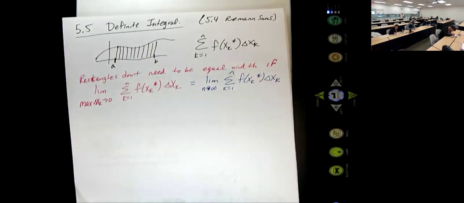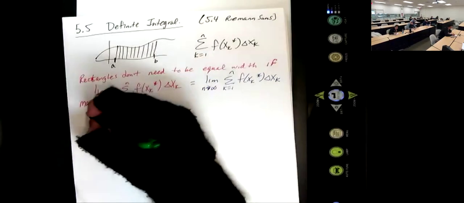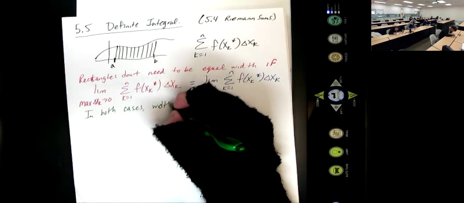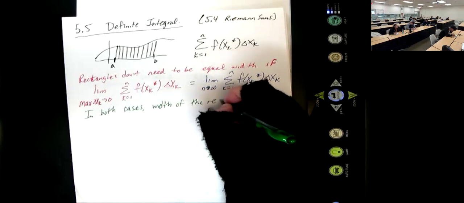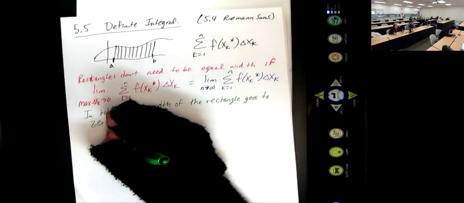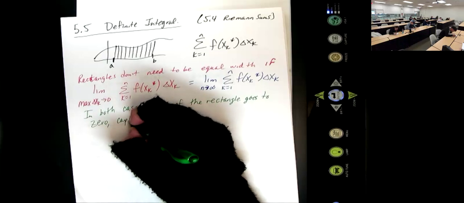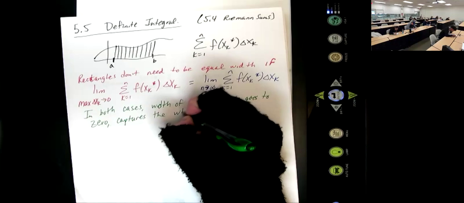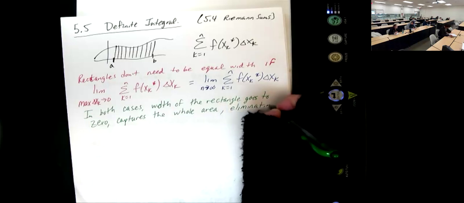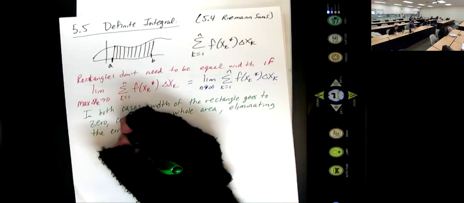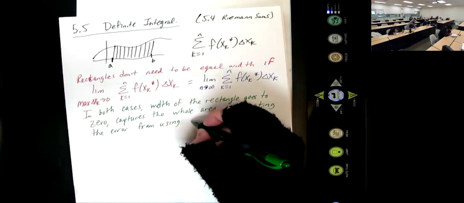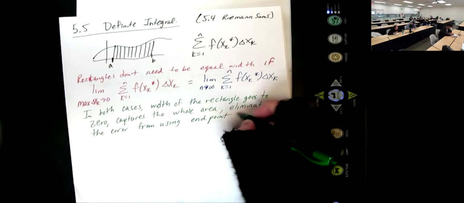In both cases, the width of the rectangle goes to 0, and so we end up capturing the whole area, eliminating the error from using an endpoint method or midpoint.